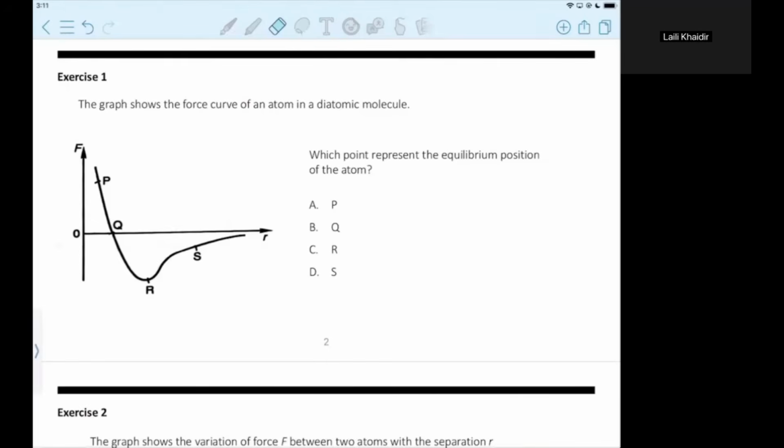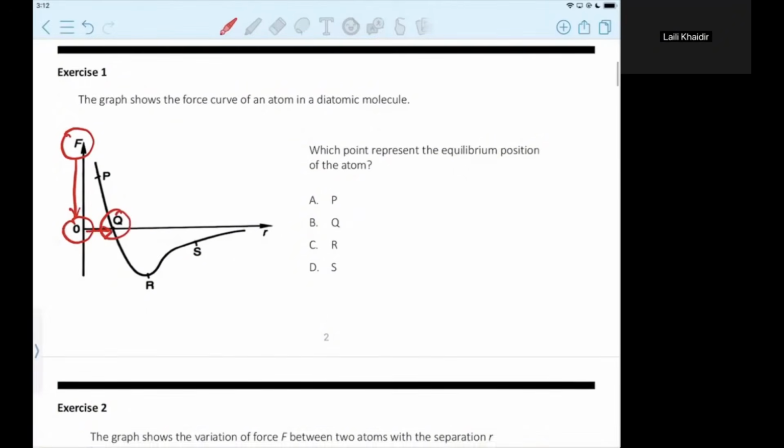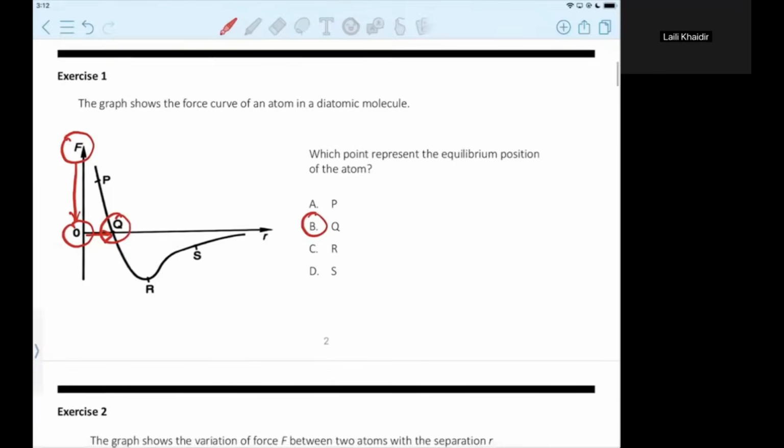So from the graph, we refer to the force on the y-axis, and the value of 0, or net force equal to 0, leads to the point Q. So our answer should be B.